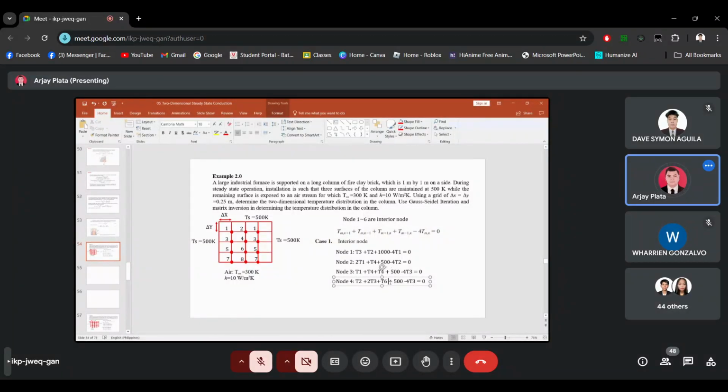So we don't have a constant value here. Okay, so that's our node 4. Then node 5.